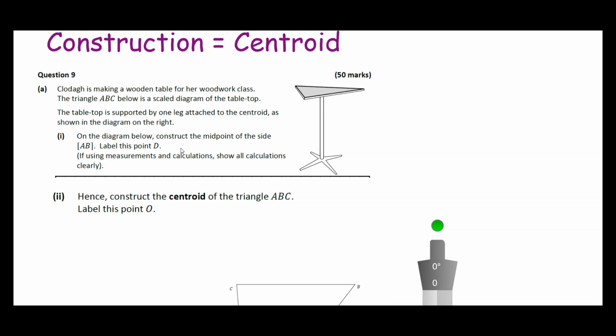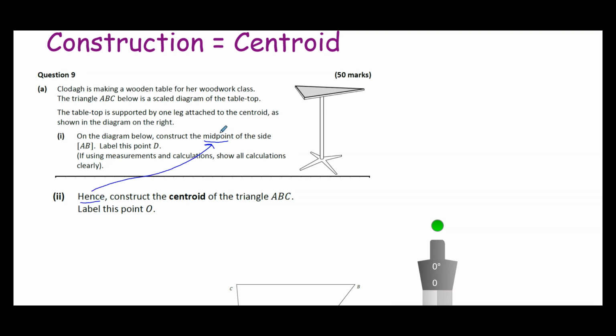Now, what I want to look at here is that we will do both of the constructions, but I just want to show you, if you are in the exam and you don't remember much about the centroid. In the first place, they are telling us to construct the midpoint. And then in the next part, they are saying hence, meaning what?